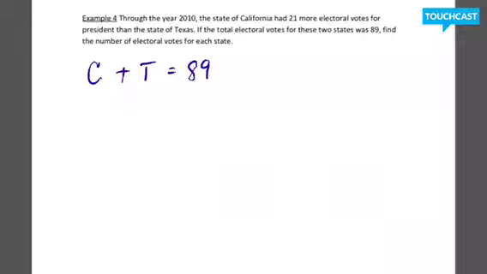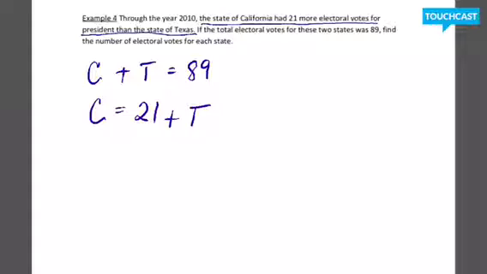So C plus T is 89. It says here the state of California had 21 more electoral votes for president than the state of Texas. That means California has 21 more votes for president than the state of Texas. And here's our equation. C equals 21 plus T.